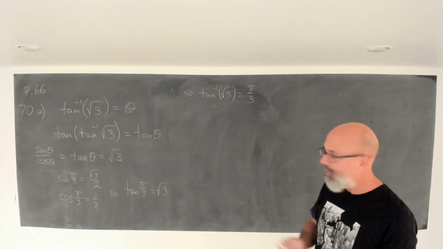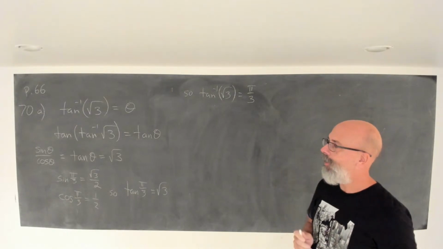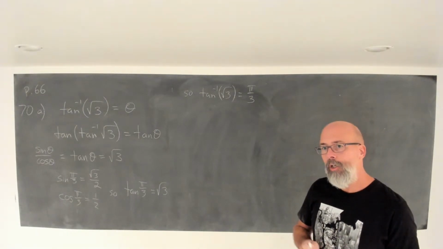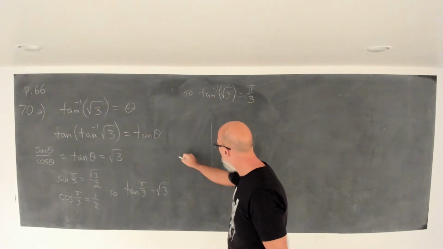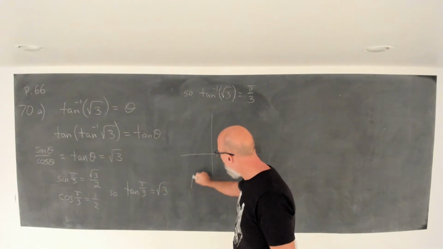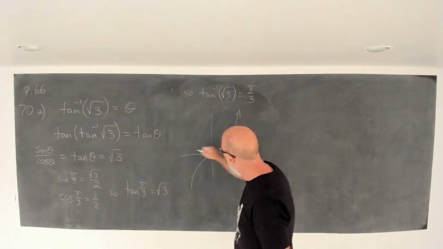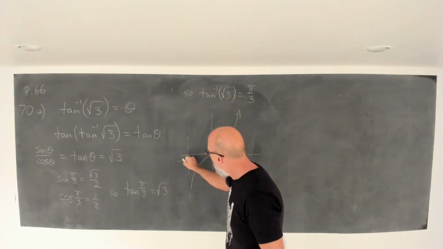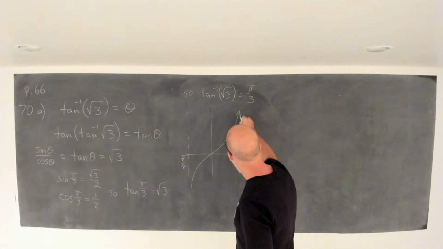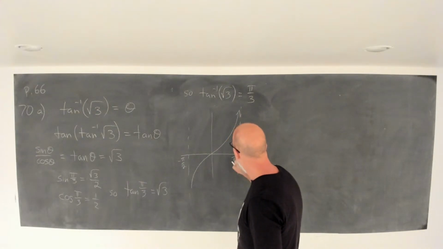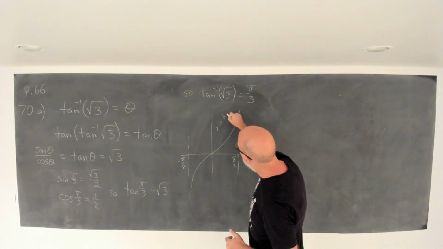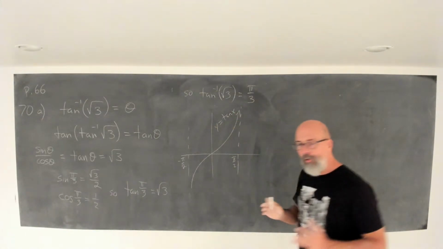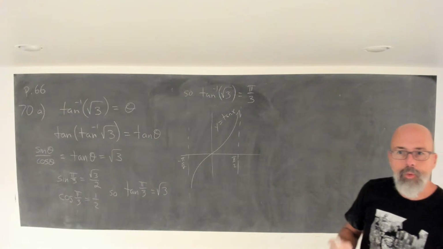As Michael suggested, you're restricting the attention to a specific interval. For tangent, you are restricting your attention to the interval negative pi over 2 to pi over 2. We must restrict the attention of the tangent function to an interval where it is 1 to 1.